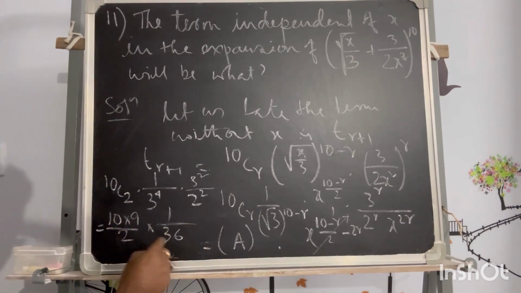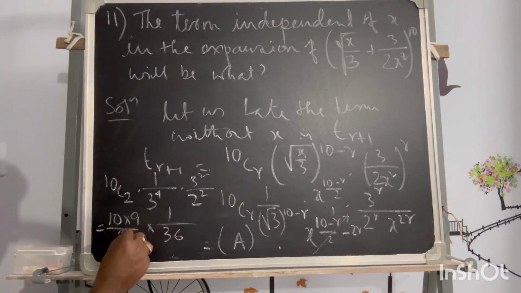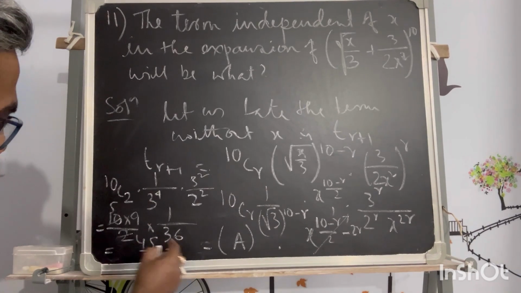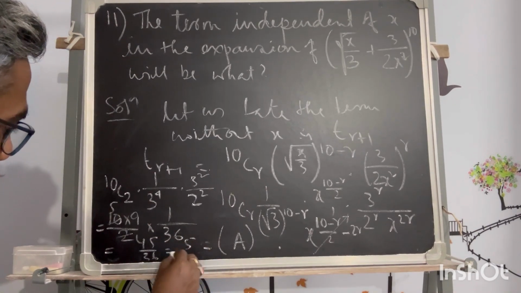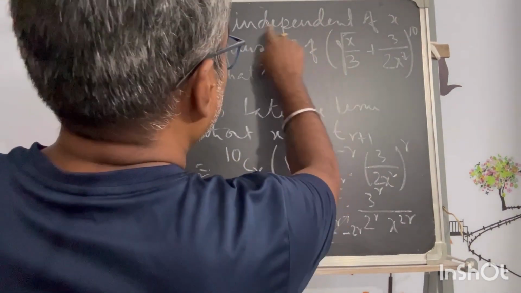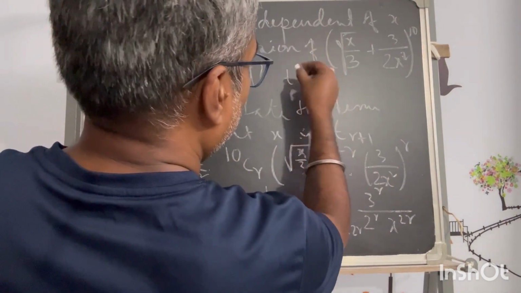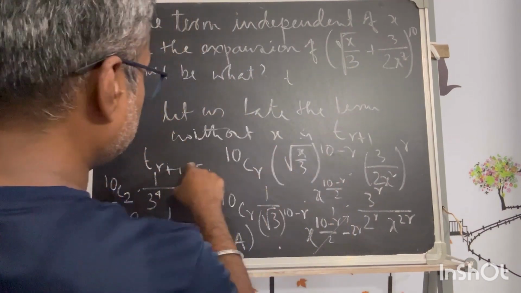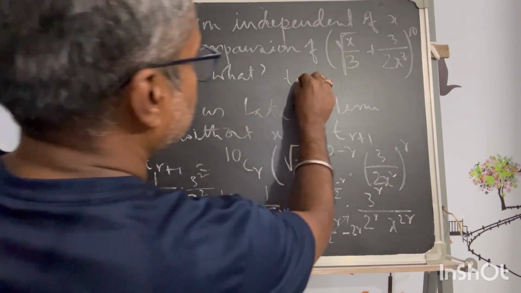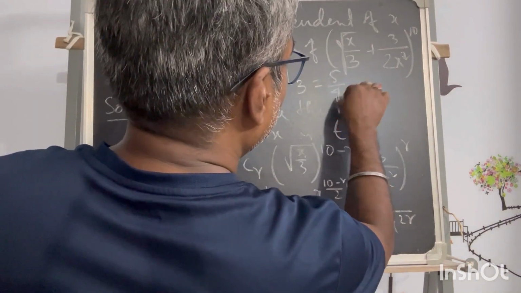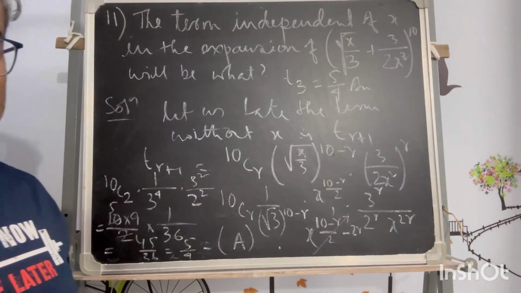Okay, now if I reduce, I will get 45 by 36, further can be reduced by 9, 5 by 4, so this will be the answer. The term without x, r plus 1 I have taken, so 2 plus 1 is the third term, and the value of the third term, 5 by 4, will be your answer. Understood?